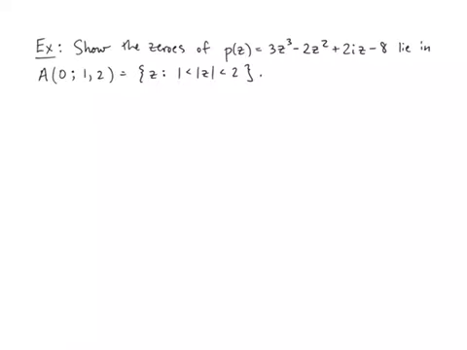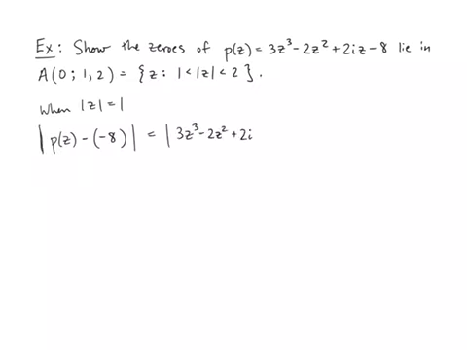so first of all, when norm z equals 1, so we're on the unit circle, what we'll do is compare our p of z to the constant term of our function, which is negative 8. So if we look at the difference between p of z and negative 8, that's equal to the norm of 3z cubed minus 2z squared plus 2i times z, right?